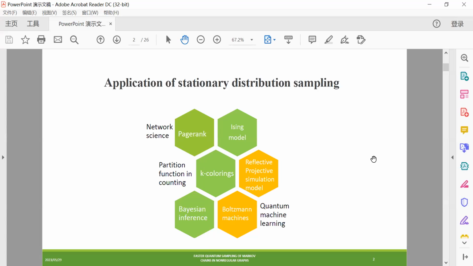Sampling is one of the fundamental problems in our daily life. Such as in network science, if we want to estimate the importance of internet reach, sometimes we need to calculate the partition function in counting numbers, and all these problems can be reduced to sampling problems.